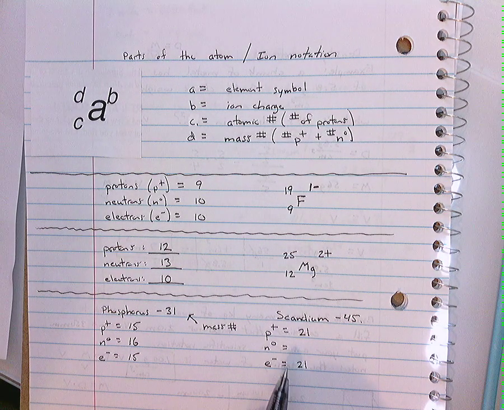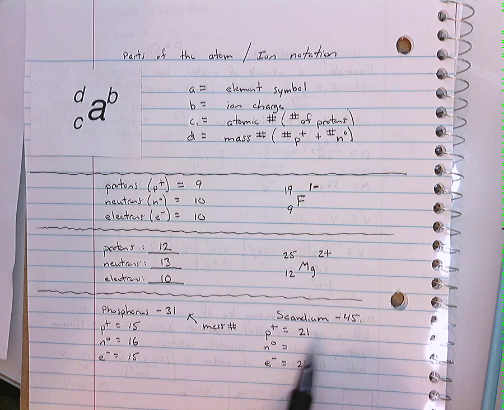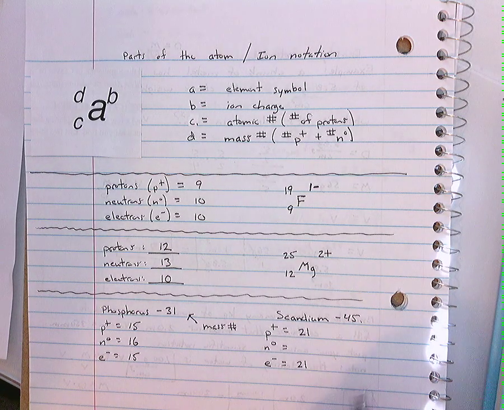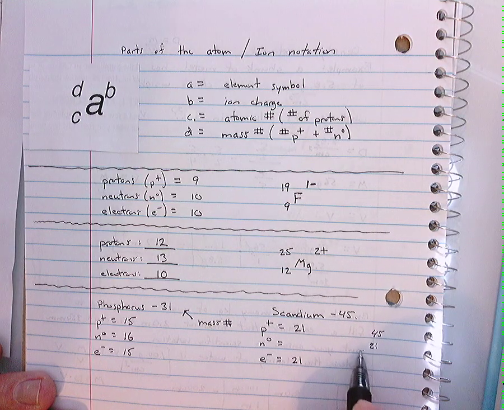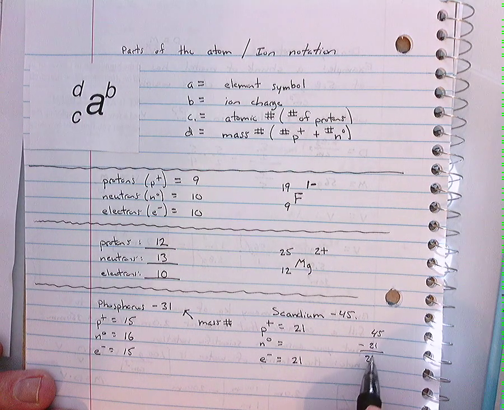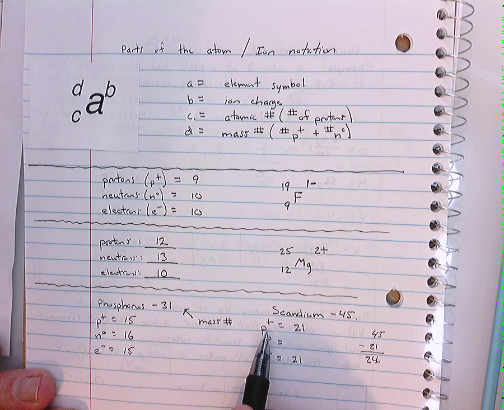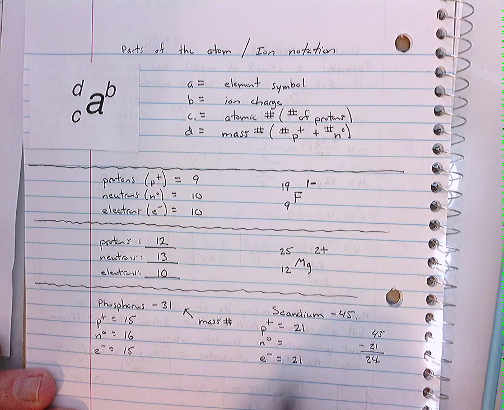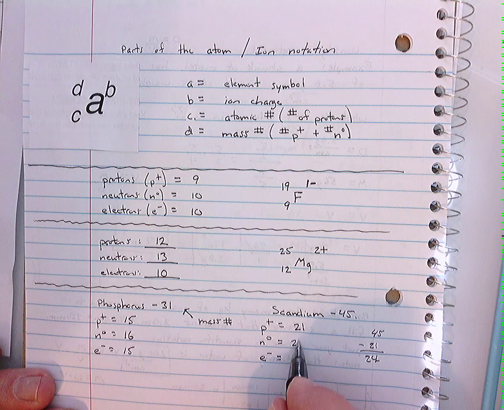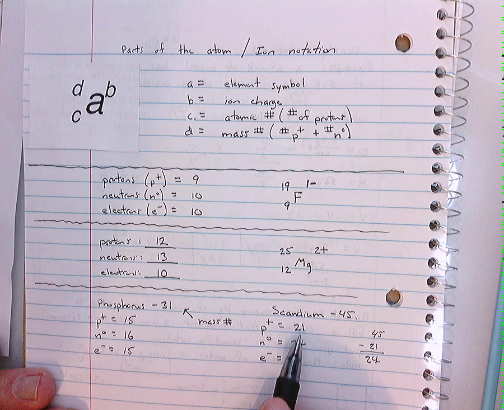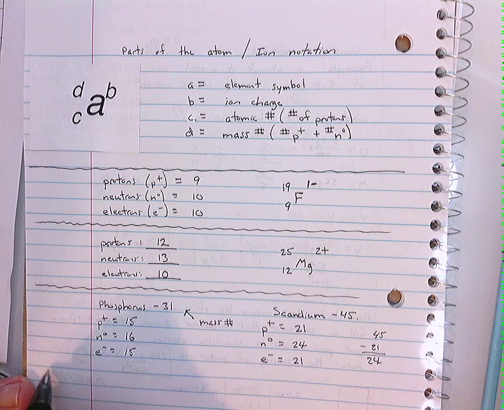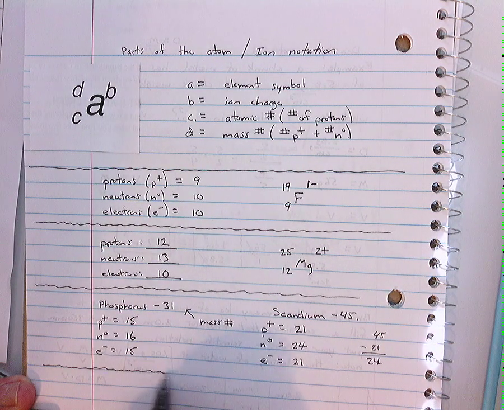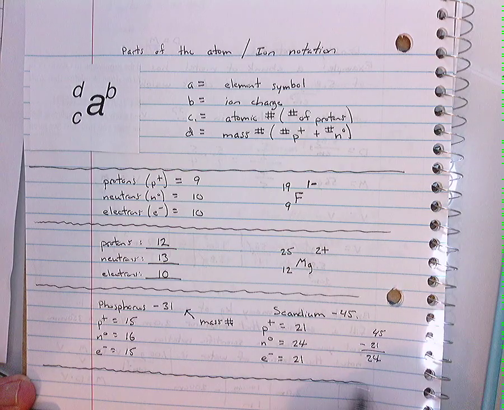And then finally, we go 45 minus 21. There's no harm in doing things like this because the number of neutrons plus protons are equal to the mass number. So this scandium-45 then must have 24 neutrons, 21 protons to get us to that mass number of 45. And from there you can work back and forth identifying charges on various ions.